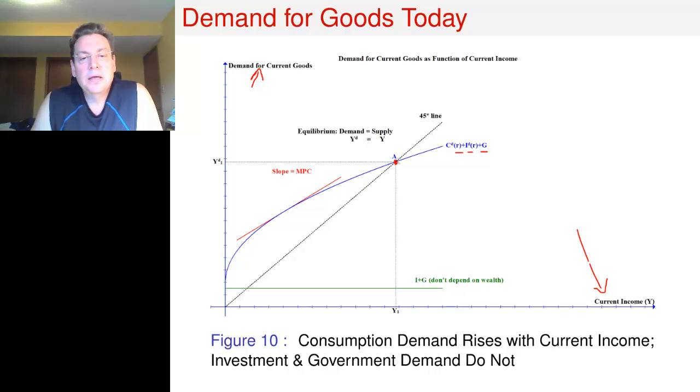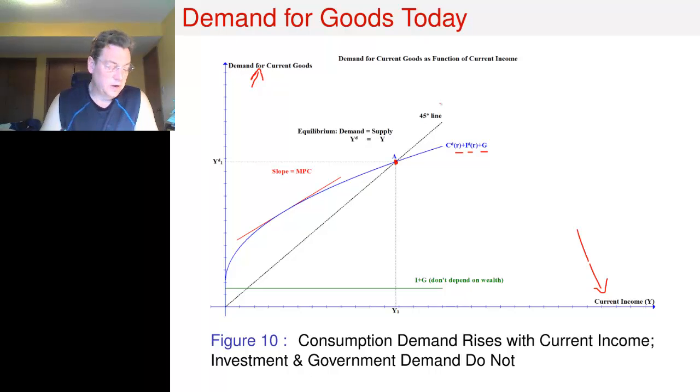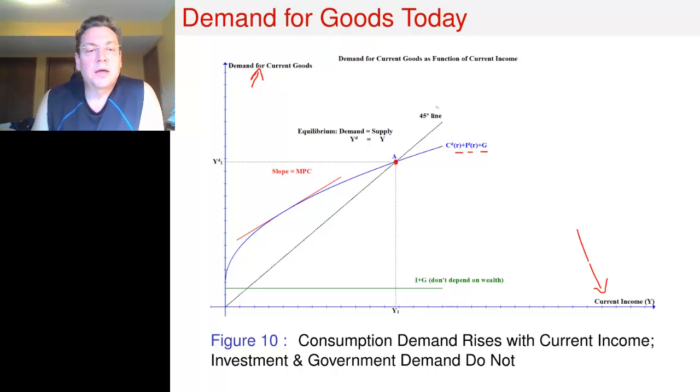And it lies along this 45-degree line. So that is going to be a point where current income today, Y1, is just enough to generate the demand, YD1.